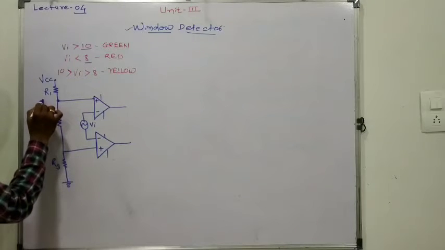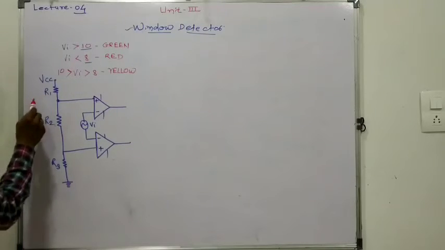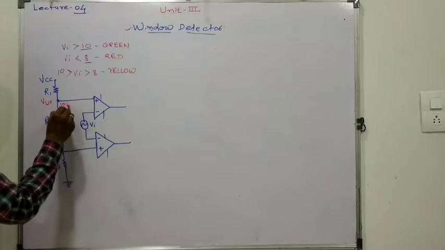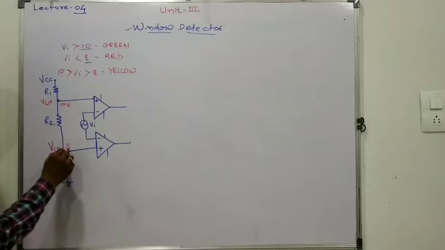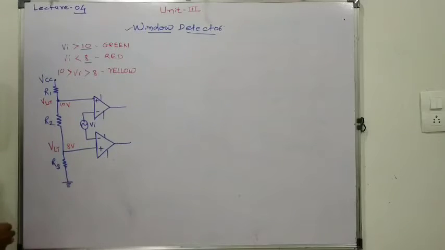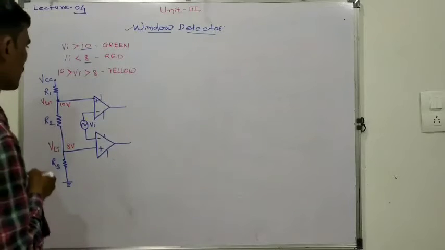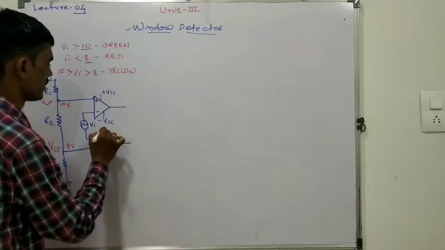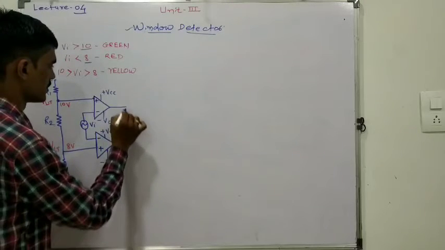This is VUT, that is the upper threshold voltage, which is 10 volt. This is VLT, which is 8 volt. This is plus VCC, this is minus VCC, this is plus VCC, and this is minus VCC.